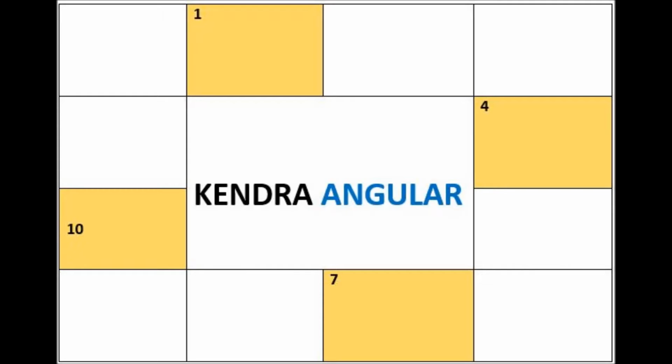The 1, 4, 7, 10 houses give us as astrologers an idea of how strong this chart is going to be, regardless of the yogas, regardless of any other matters. Let's say the chart has a debilitated Mercury, for example, but the 1, 4, 7, 10 houses have good benefics like Venus or Jupiter.